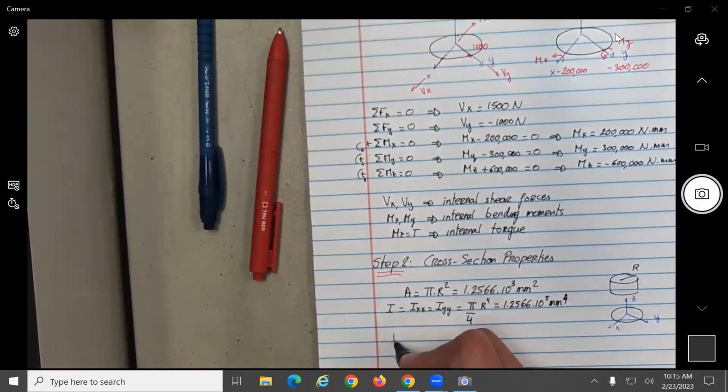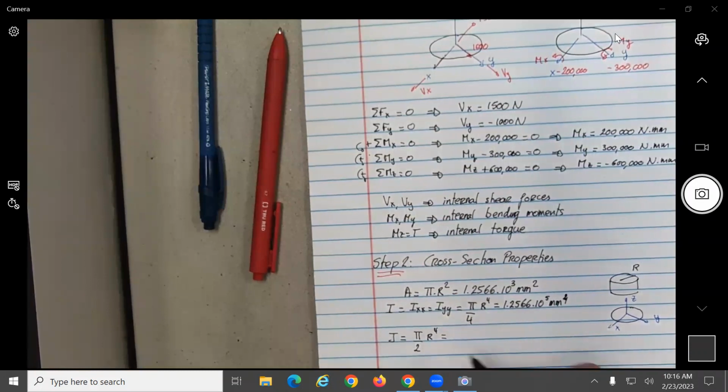Then you have to help me. This one, J, is it twice or half? It's 2 times. The denominator is that, so it should be pi over 2 r to the 4th.